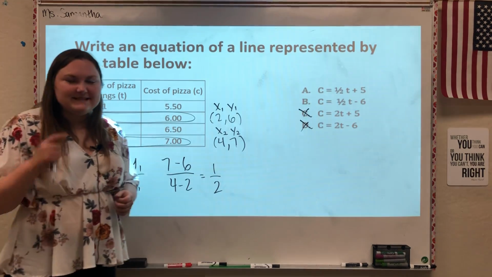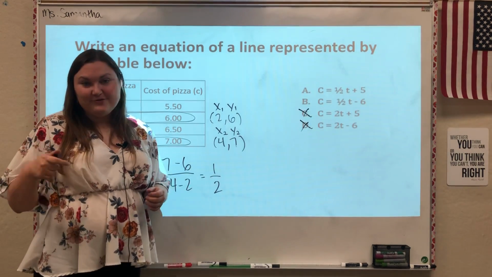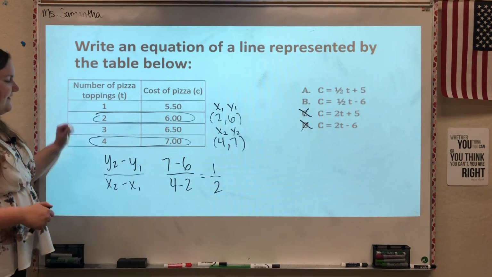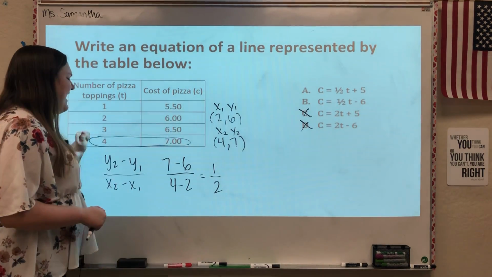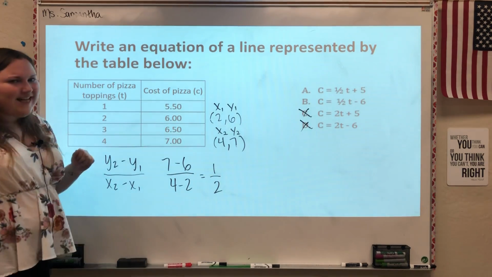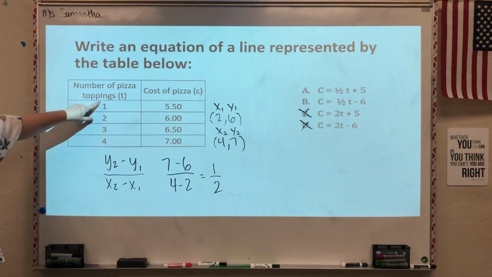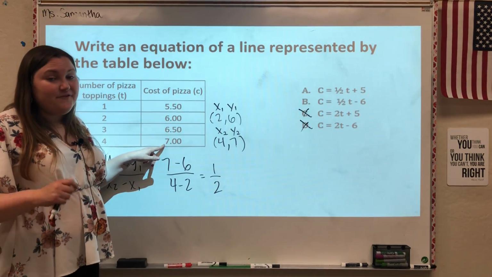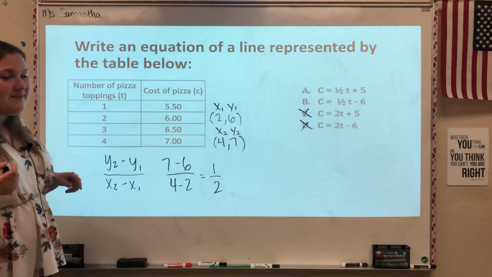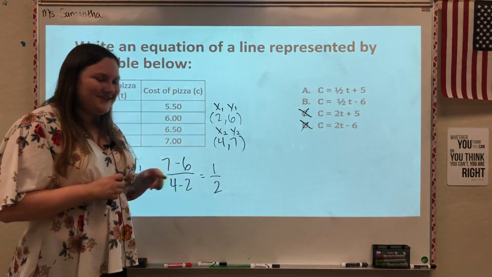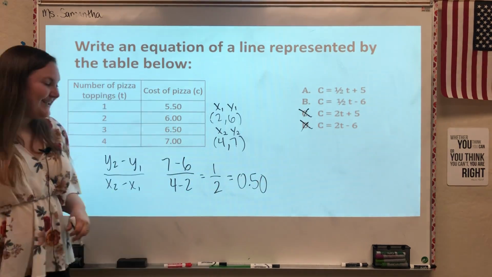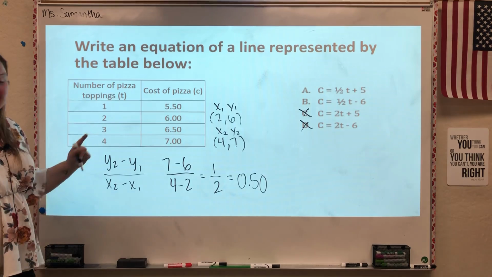Well, think back to some of the observations we talked through at the beginning when all we had done is looked at the table. One of the observations that usually someone in every class points out is this idea that when you add in toppings, the cost goes up 50 cents. 50 cents is the same thing as half a dollar. So I could put back that decimal again just to show you where it relates.